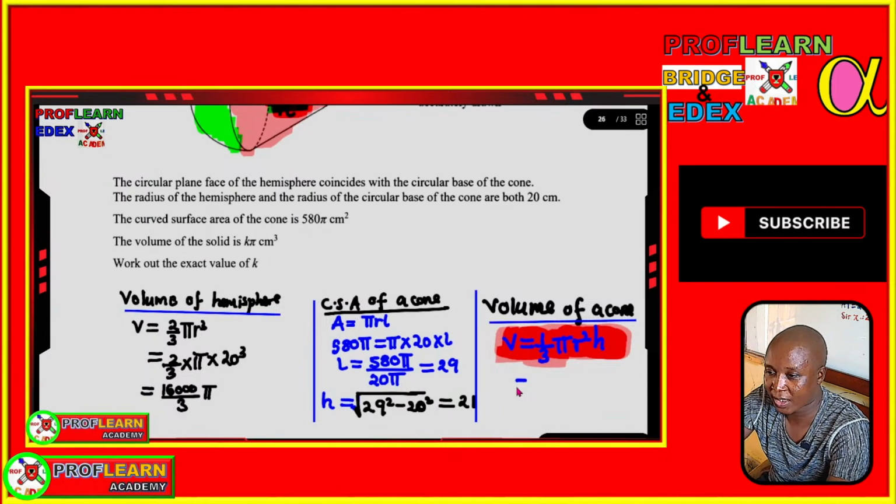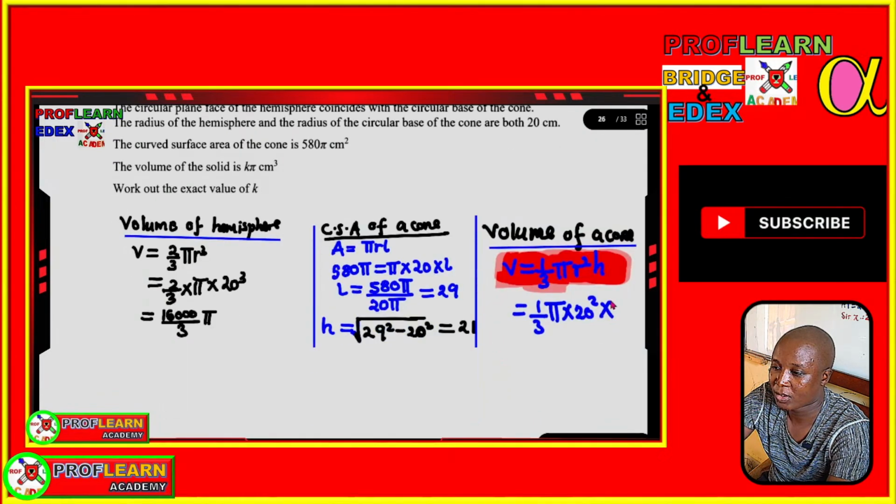So we have the radius, which is 20, we have the height, which is 21. Then by substituting correctly, we are going to get our answer equivalent to 2800 pi centimeter cubed.